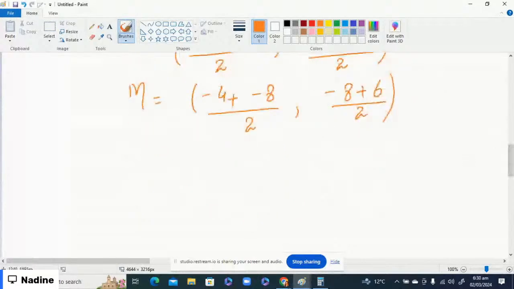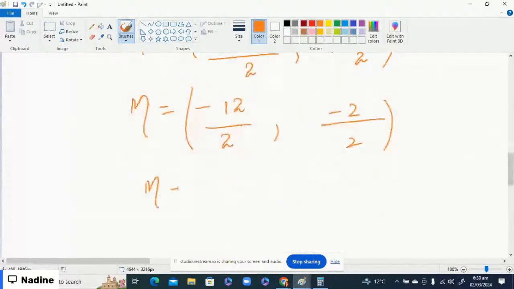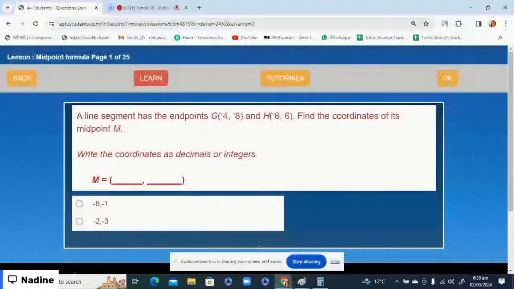So tell me the answer. -4 minus 8, what is the answer? -12 over 2, and -8 plus 6 is only -2 over 2. Now, what is the midpoint? 2 times 6 is 12, so it's -6. And these both are cancelled, it's -1. So -6 and -1.